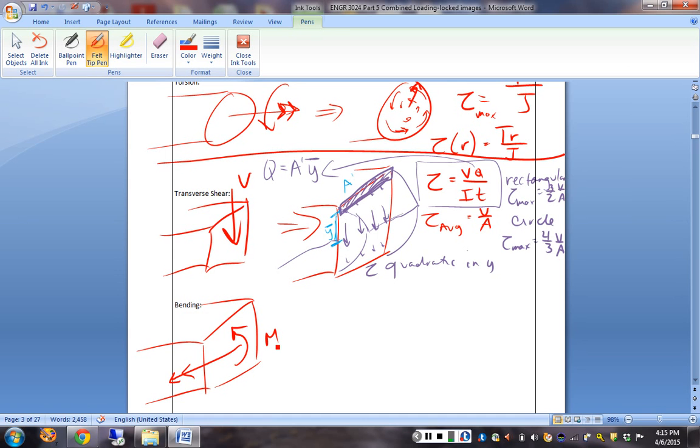So would this one end up giving us a concave up or a concave down beam shape? This is my free cut. Concave up, so tension at the top or the bottom? Tension along the bottom, compression along the top.